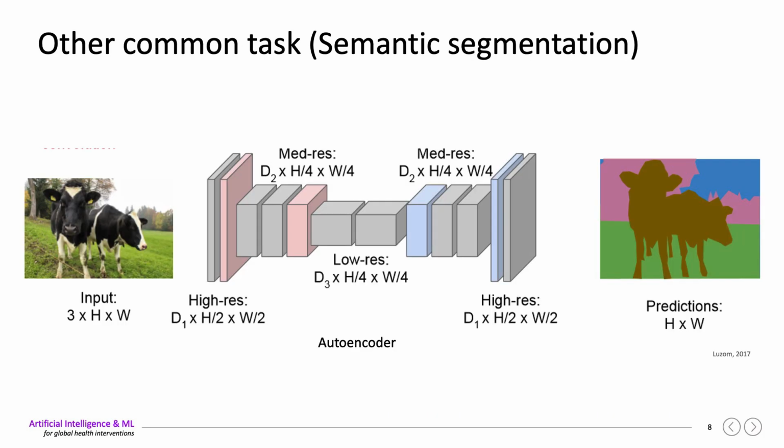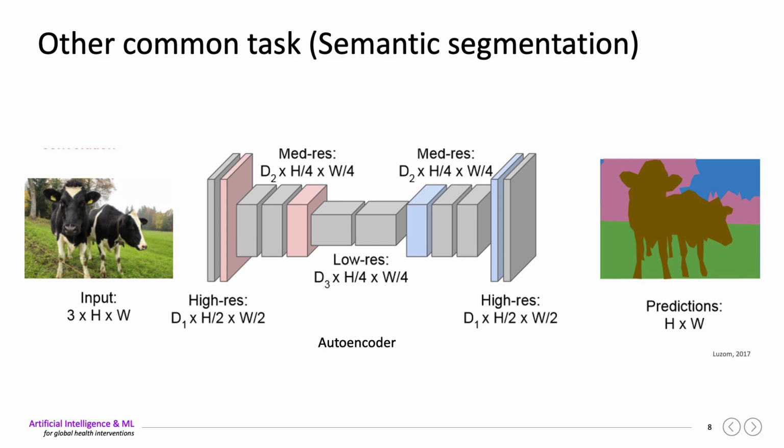This slide covers another common task, semantic segmentation. Here the goal is to assign a class label to every pixel so the output has the same spatial dimensions as the input. The architecture shown is an autoencoder, or encoder-decoder. The input is 3 by H by W. The encoder progressively downsamples through high resolution, medium resolution, and low resolution stages, denoted D1 by H over 2 by W over 2, then D2 by H over 4 by W over 4, and a low resolution bottleneck.